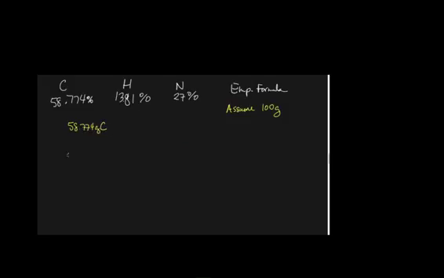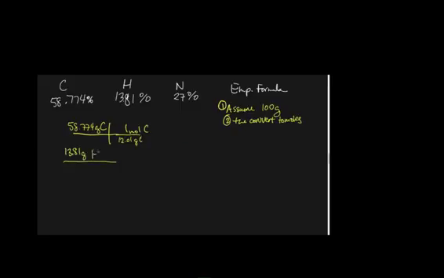Now what? Now you can just divide by the molar mass of each element, and then you'll get a relative amount of moles. Good. So we convert to moles. So carbon's molar mass is 12.01 grams of carbon in 1 mole of carbon.